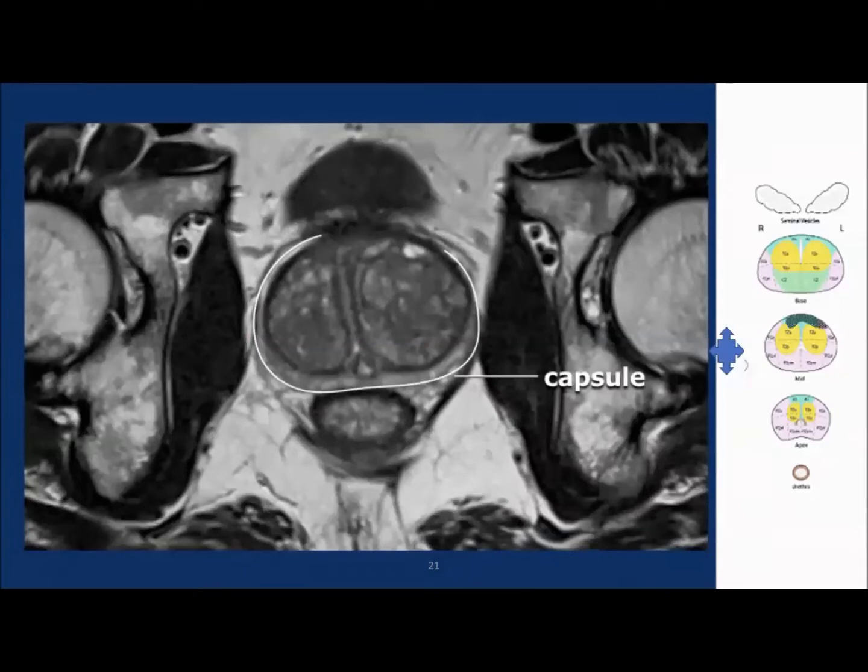This is the capsule of the prostate, and this is very important to understand because there should not be any breach of the capsule of the prostate. As you can see, these are the BPH nodules, this is the enlarged transition zone, and we have the peripheral zone here. The intensity of the peripheral zone is very different from that of the transition zone, and the capsule marks the periphery of the peripheral zone.